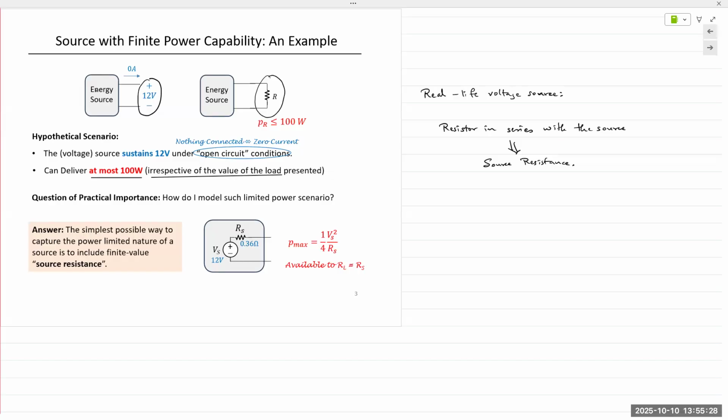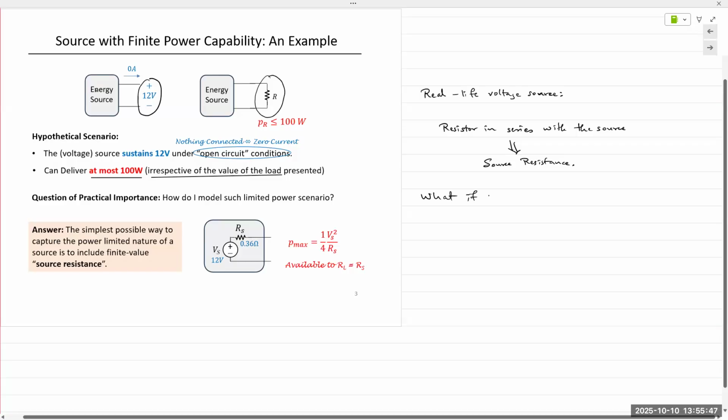Any guesses? The keyword is series. Why series and why not parallel? What if it was in parallel?